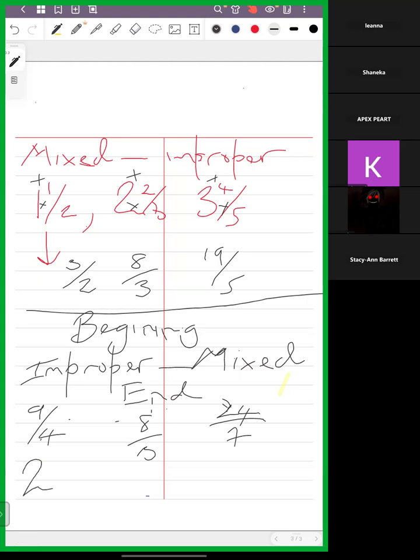Obviously there's always going to be some sort of remainder, whether it be 1, 2, 3, 4, 5, or infinitely many numbers. 4 goes into 9 2 times. Assuming that you know your times tables to an extent, the remainder is going to be 1, and then you put it back over 4. And that is how you convert from an improper fraction back to a mixed one. Everybody's with me?